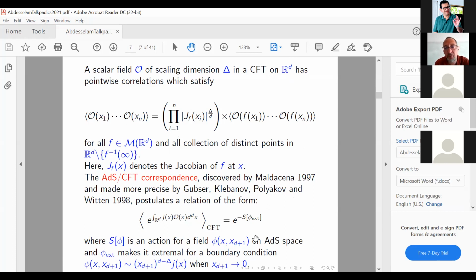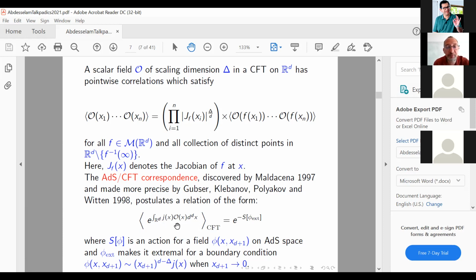This is a simplified version in a certain semi-classical limit, but one way to try to make this a bit more precise is, this is kind of what Witten was talking about, a generating function of correlations for the CFT involving a source term J.